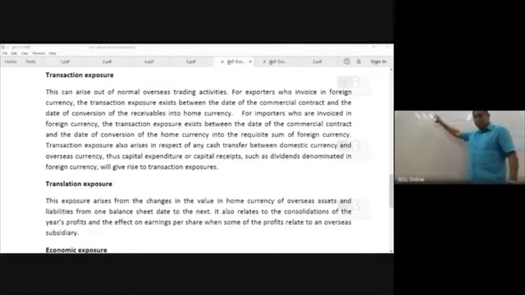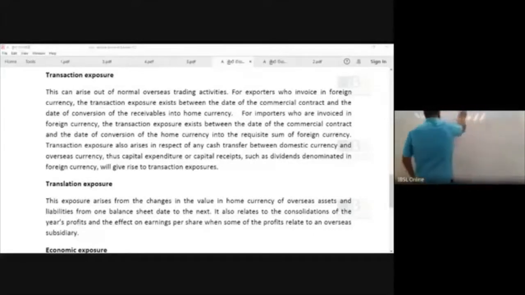So these are the four methods of payments. Right.